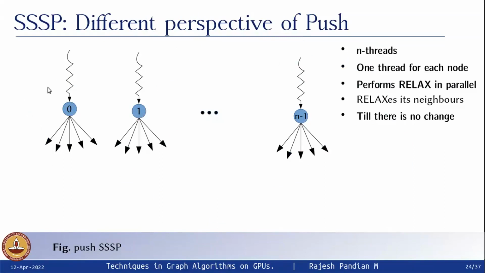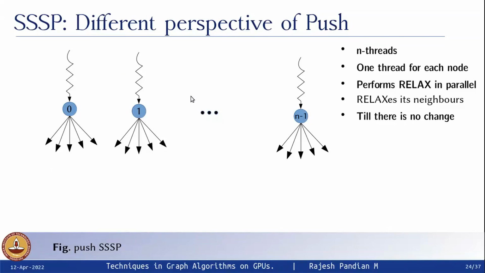Each thread is assigned to one particular node, and each thread performs a relax. This is happening in parallel, but each of the relaxes for a particular thread happens in sequential fashion.